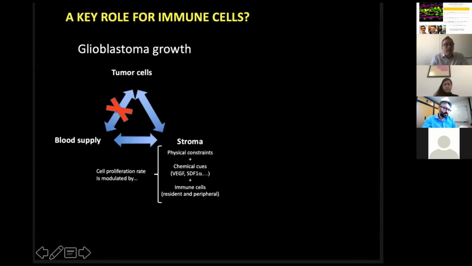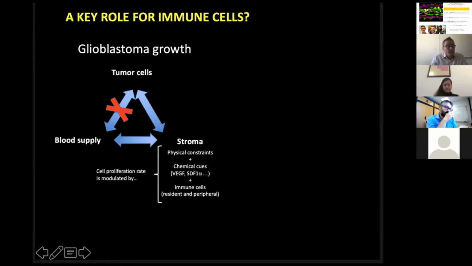So altogether, these different results seem to indicate that blood supply, at least in the case of glioblastoma, is not the most critical parameter to affect tumor cell proliferation, and probably that something has to be looked for in the stroma, where molecular cues, immune cells, or physical constraints can affect things.